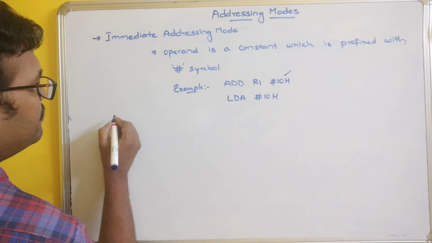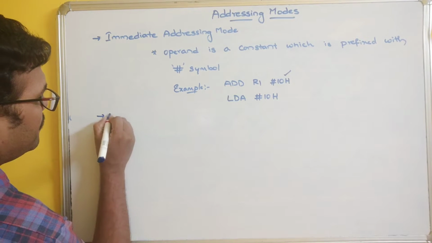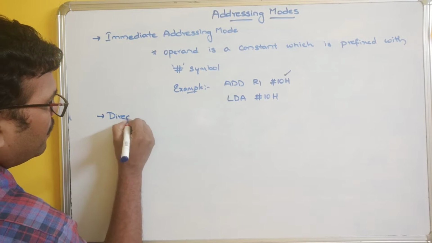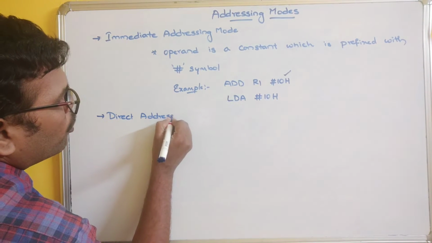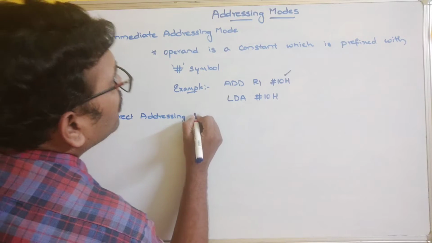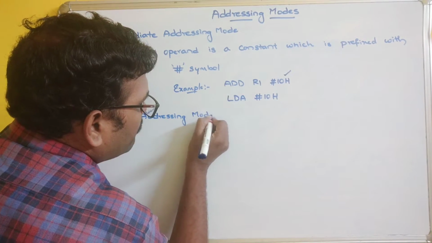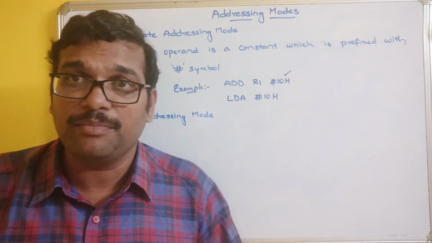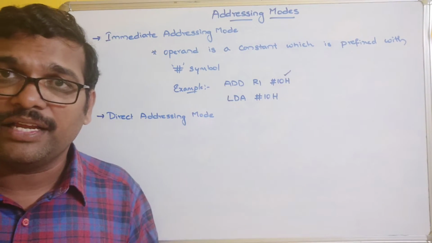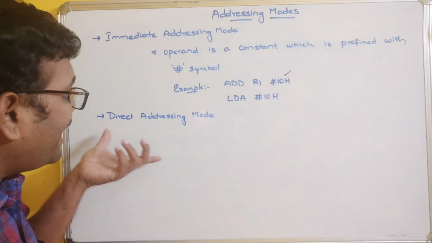And the next one, direct addressing mode. You are almost familiar with this one, because we have already studied direct addressing mode and indirect addressing mode in the instruction cycle, right? So once again we'll see direct addressing.